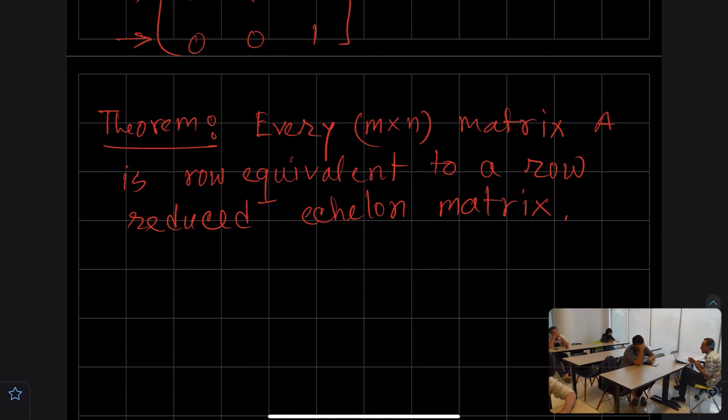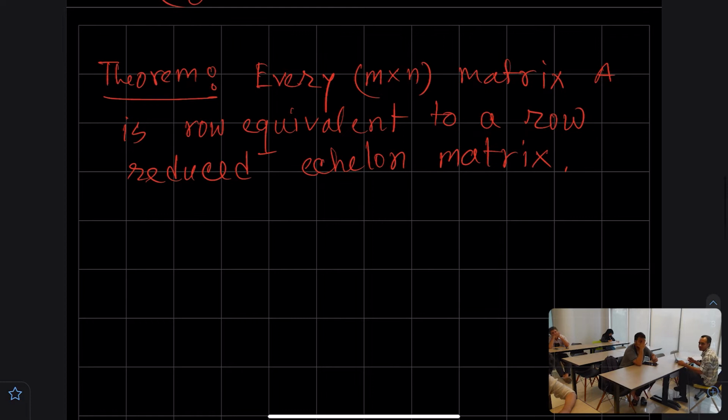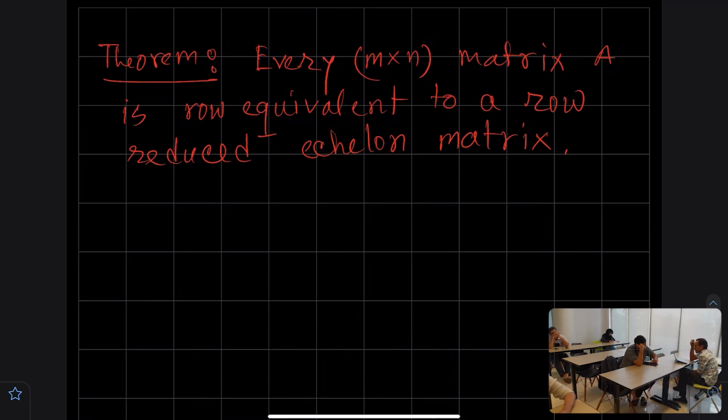So this is the theorem, and Sir already gave you a hint of this theorem, right? The theorem states that every M cross N matrix A is row equivalent to a row reduced echelon matrix.